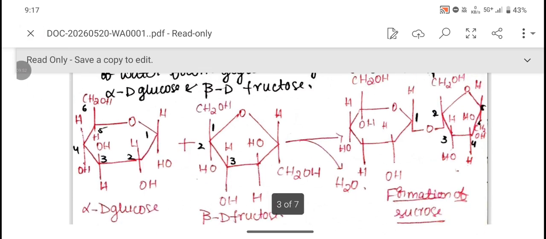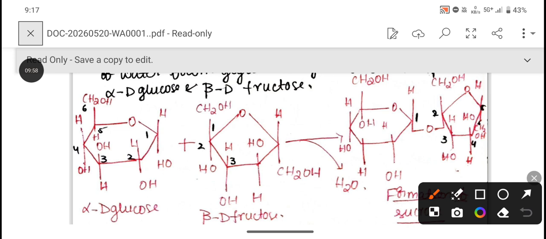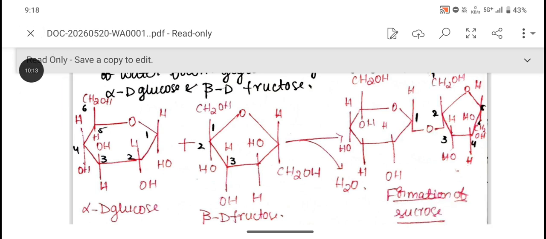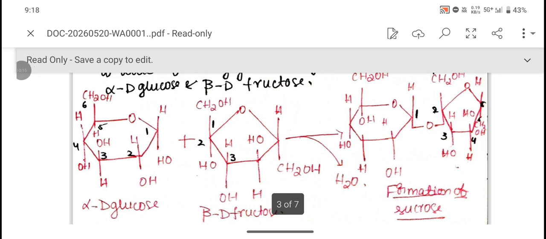Finally, upon the loss of the water molecule, there is the formation of a glycosidic bond here at C1 and C1. This is carbon atom 1 and this is carbon atom 2, so don't confuse them; the linkage is like this. This is the glycosidic linkage which forms sucrose.